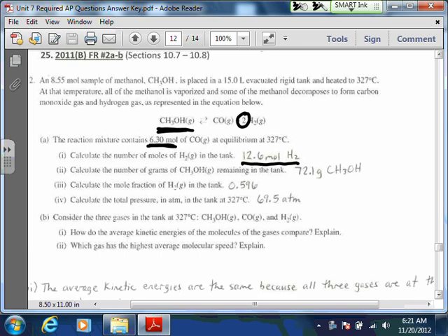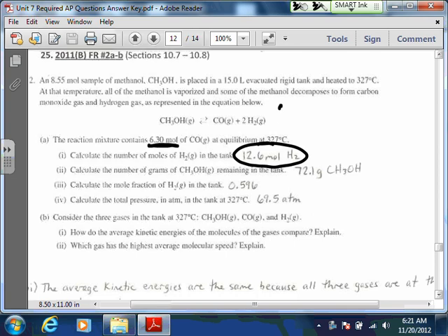Then we're going to calculate the number of grams of CH3OH remaining in the tank. So this is a limiting reactant problem. You can use either one of these numbers, but I'd probably just use the 6.30 because we're sure of that number. If you're working this out on a test, you probably want to use the number they gave you as opposed to the one you calculated, just to be on the safe side.